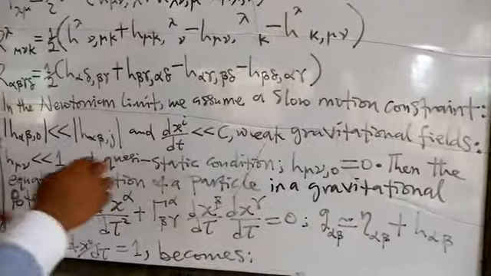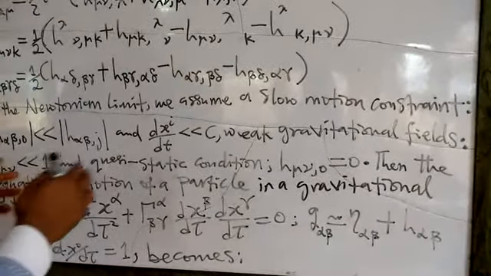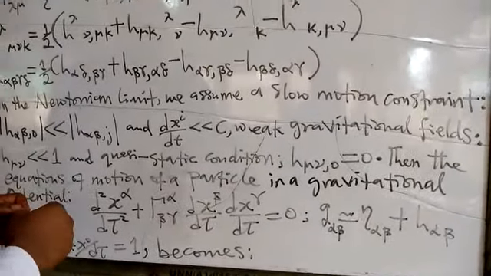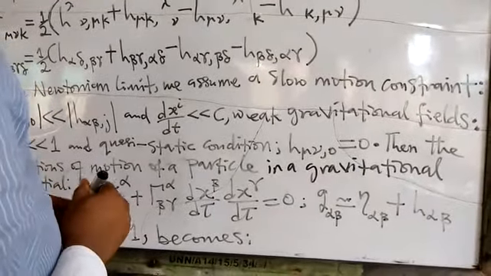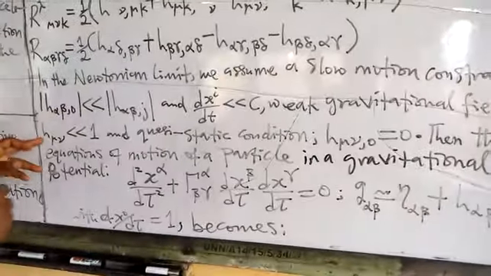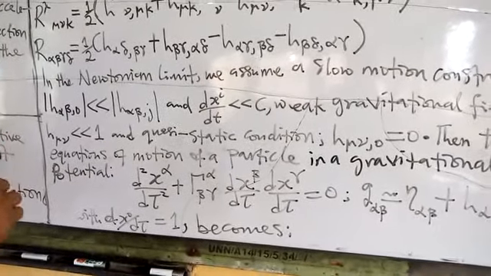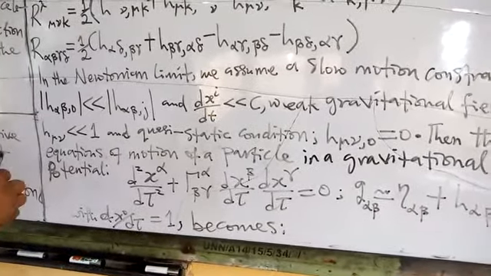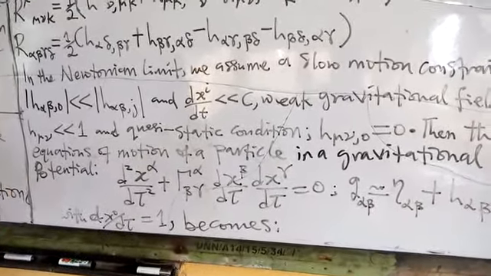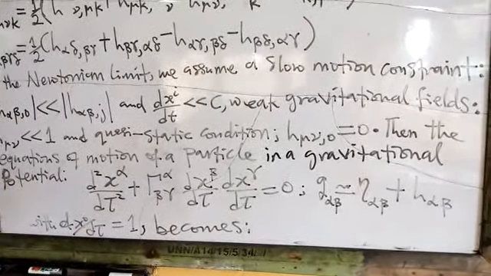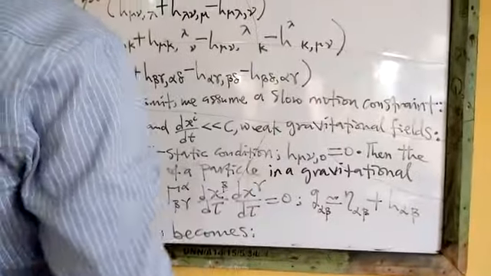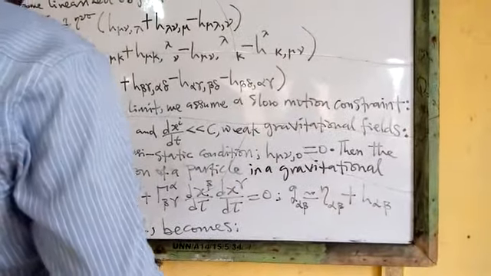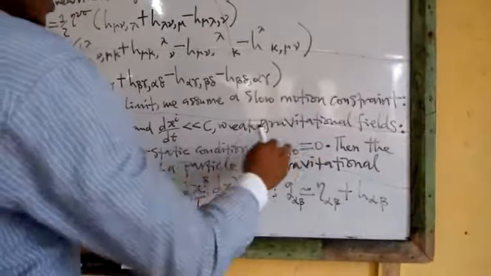And of course, the velocity in this situation will also be far less than the speed of light. If we are assuming weak gravitational fields also, it will just mean that our metric perturbation is far, far smaller than 1. And for a quasi-static condition, which is eventually what we shall be considering, the derivative with respect to time of the metric perturbation, or any object for that matter, will be equal to 0.